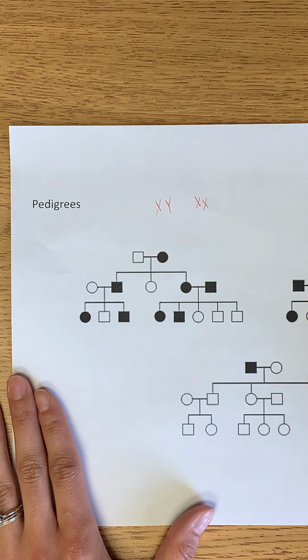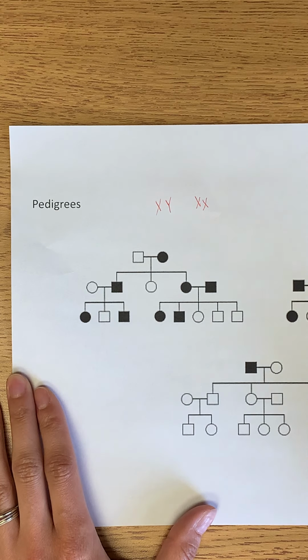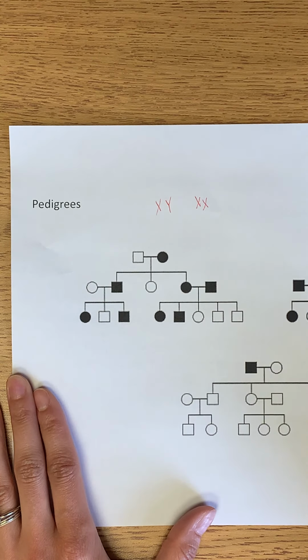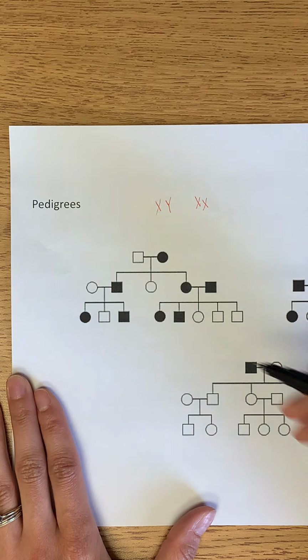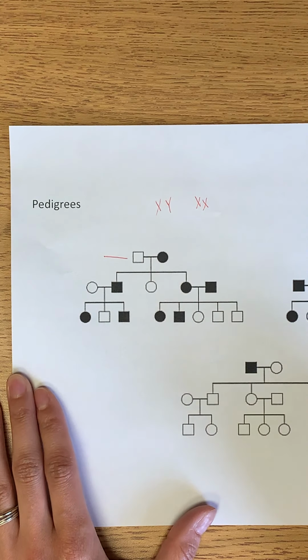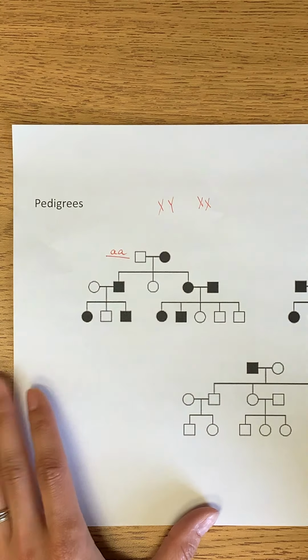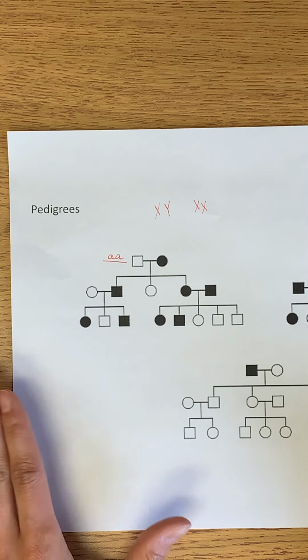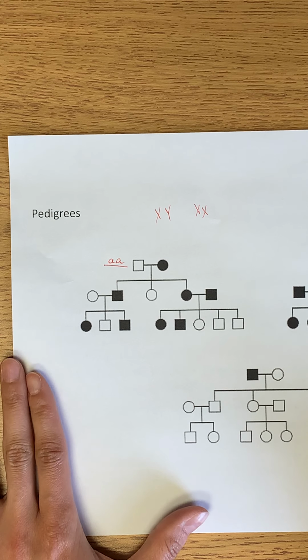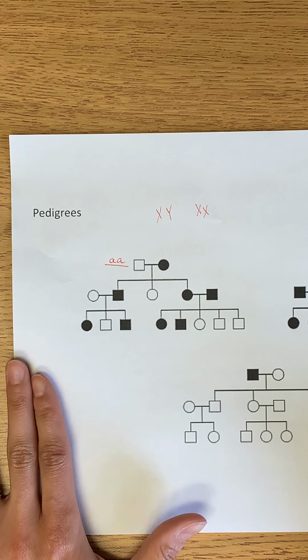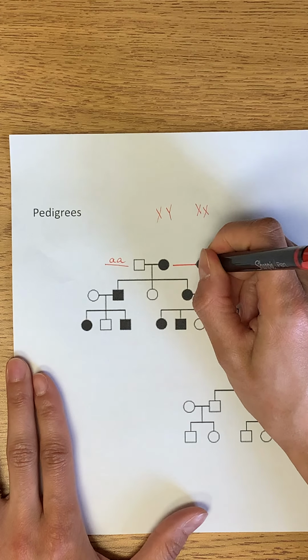Now, how might we figure out what everybody's alleles are in this case? Well, if we think this is autosomal dominant, that means that if you are unaffected by the disease, your genotype can only be the recessive alleles. We'll use A, so little a in this case. So dad has to be little a, little a, unaffected in this case. Mom is the question mark.